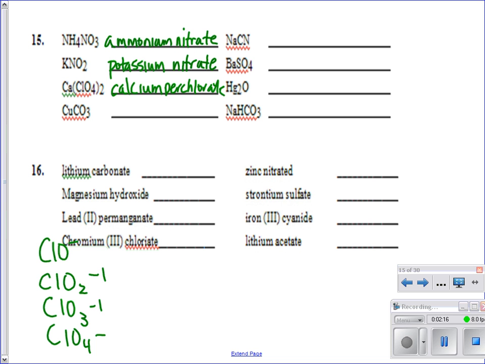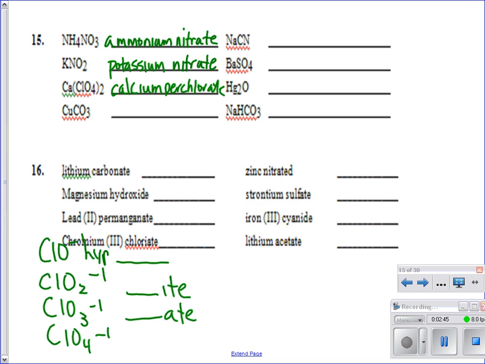Looking at the middle, this is going to be something ite, and this one is going to be something what? Ate, because ites have less oxygens than ates, right? So again, all of these are -1. So you can use bromine, fluorine, chlorine, or iodine for these. The one, since this is on the low end, that has only one oxygen, has what prefix?